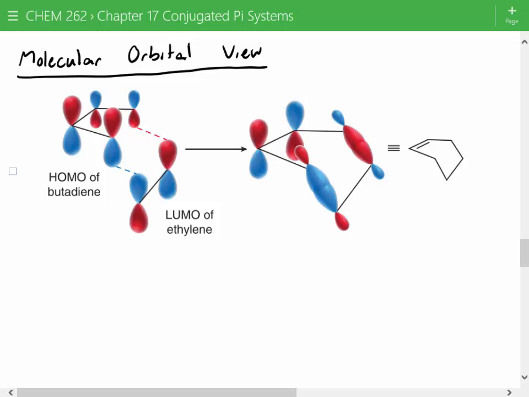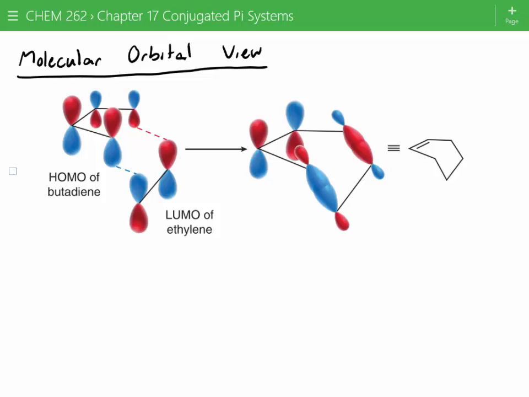We can see our HOMO of our butadiene, and we know that this is a HOMO because it's showing this double bond between the two red lobes. So they're in phase, they overlap. And the double bond between the two blue lobes in the back, they're in phase, so they overlap. So we've got two sets of double bonds in our butadiene. That means that this is the HOMO. And then the LUMO for the ethylene means that we're one energy level above that double bond.